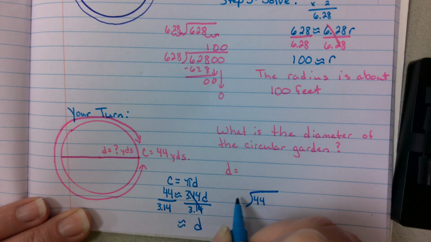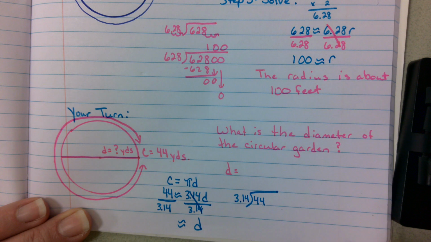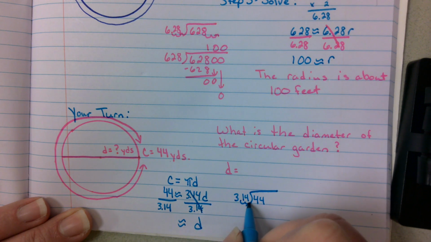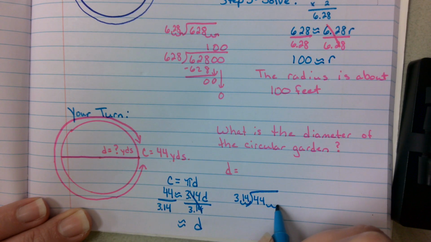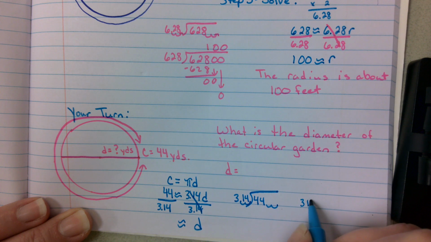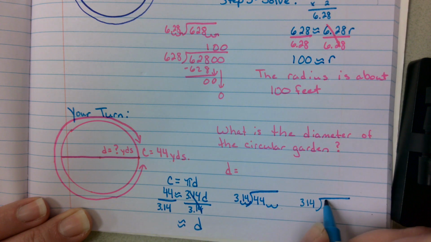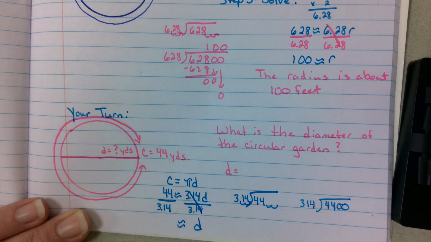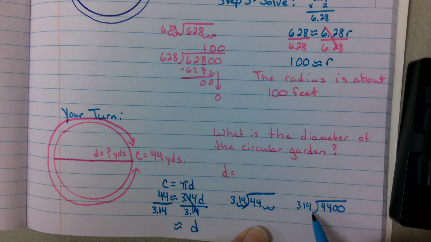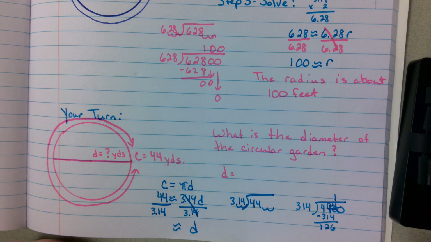44 divided by 3.14. Remember we need to move that decimal 2 places to the right, 2 places to the right, and I end up with 314 and 4400. It goes in 0, 0. 314 goes into 440 once, subtract 314, that's 126.